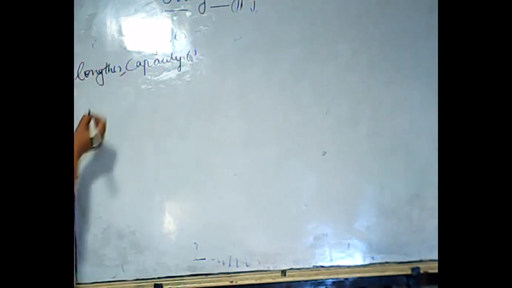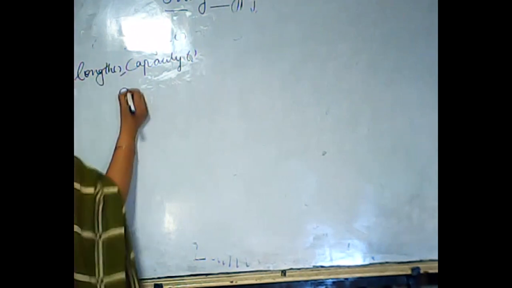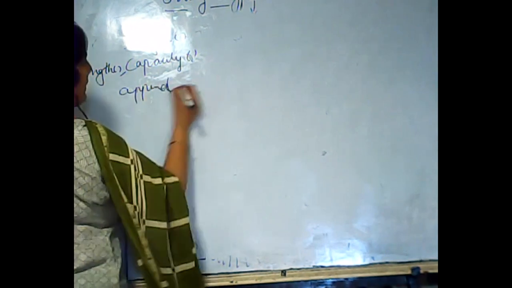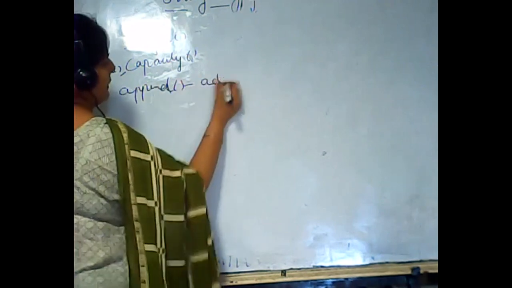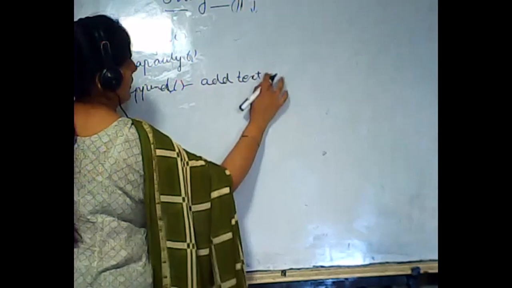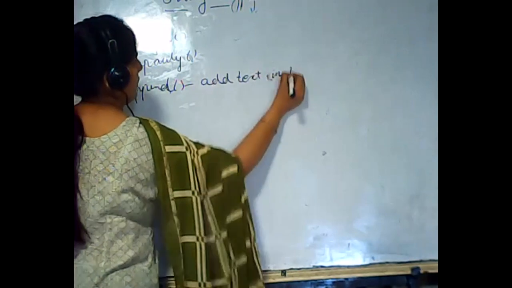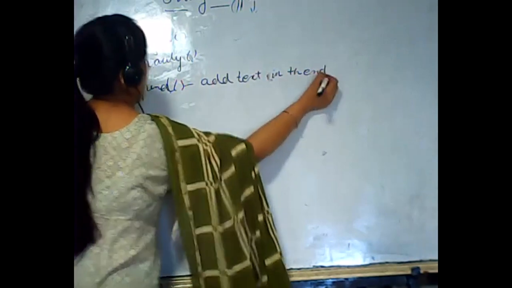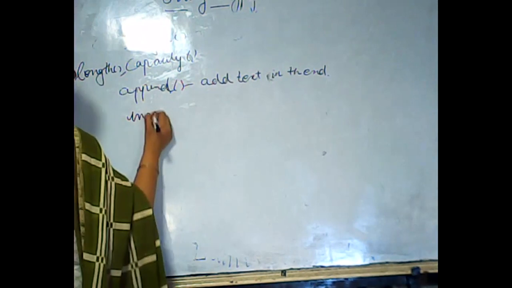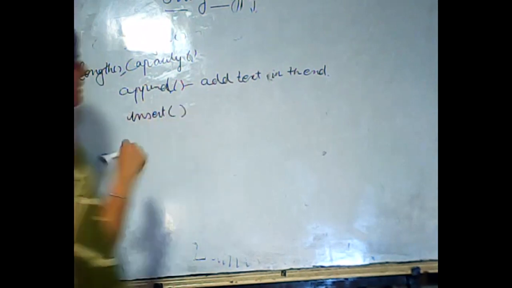Okay, next is append. There is another method known as append that is used to add text at the end of the existing text. Similarly, we have the insert method.